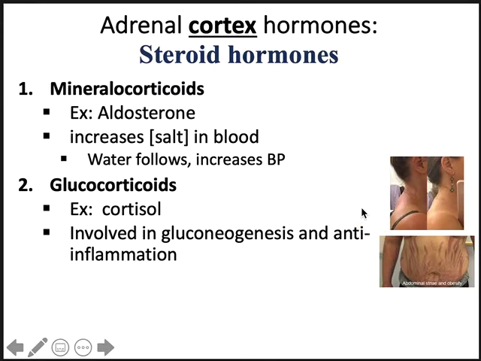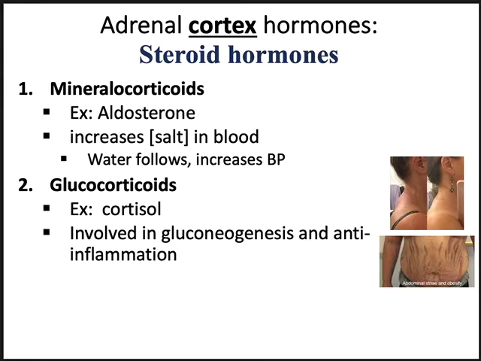I didn't want to give a crazy example. I wanted to give something a little more common. Not as severe as it could be. Also, you can get these striations or streaks on the abdomen. And so that's what this image is. You can have both, or you can have one or the other. There are also other symptoms, so let's go ahead and continue talking about this.